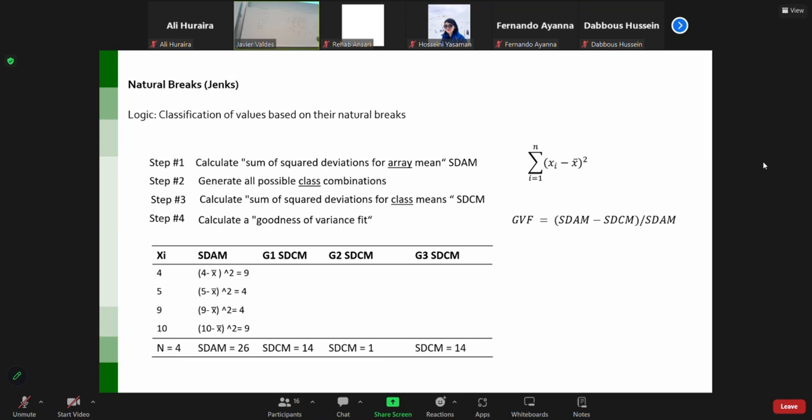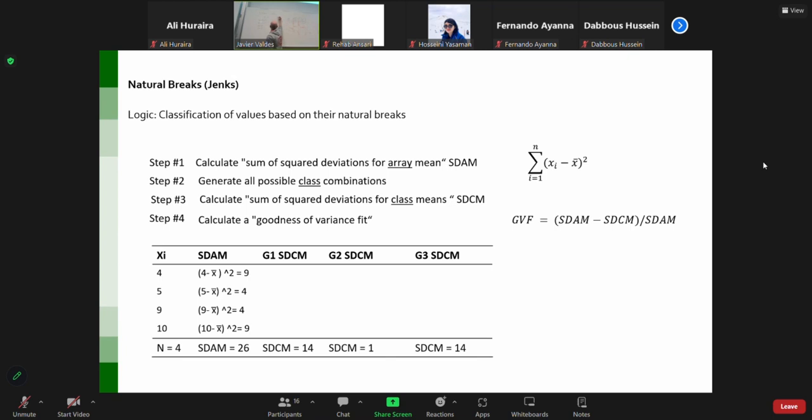So now we need to calculate the SDCM for group 1 or option 1. We still have 4, so the mean is 4. We still have the same formula.